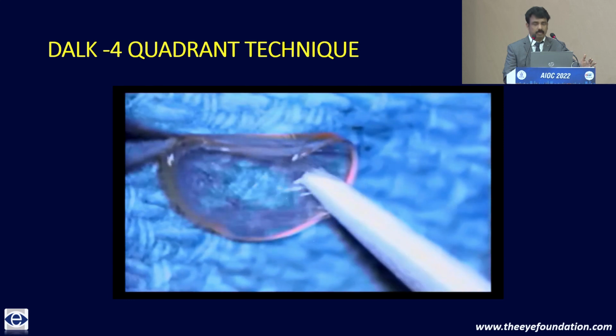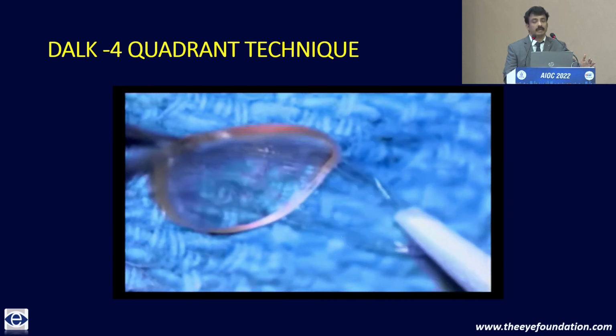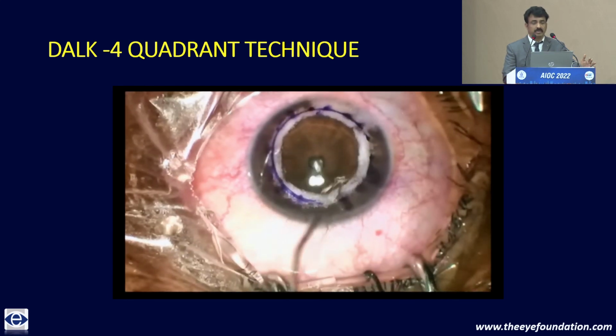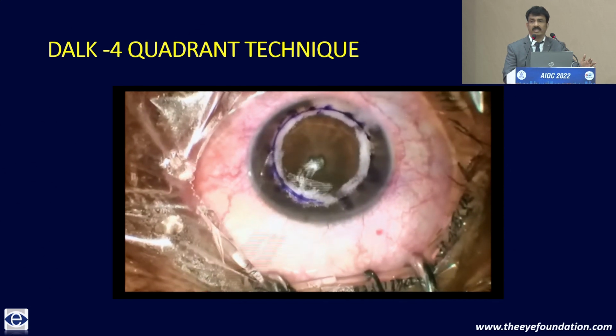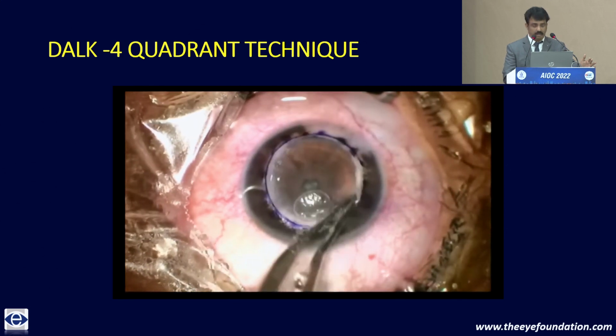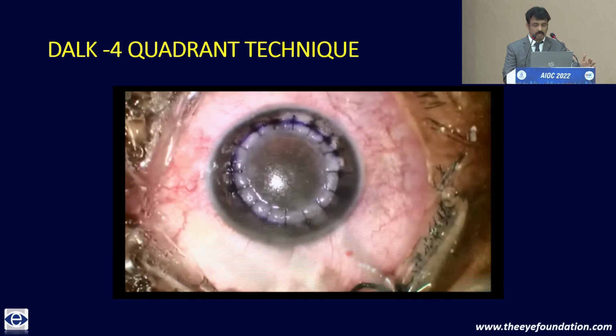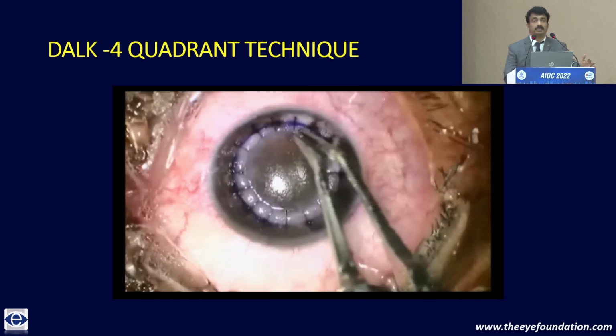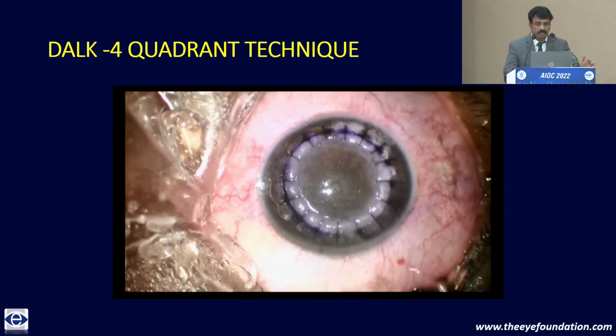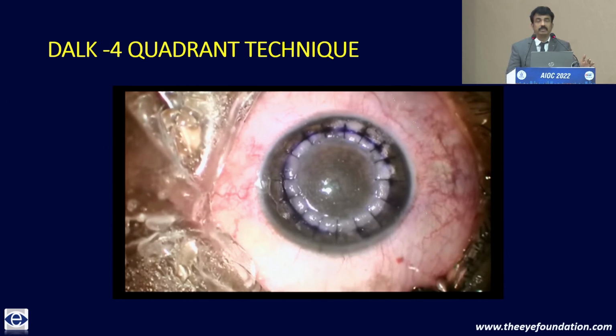Use a Weck-Cel sponge to peel off the endothelial layer, the Descemet's endothelial complex, then give a thorough wash, place the graft on the host bed and suture it. Usually I suture with 10-0 monofilament nylon, 16 sutures if the size of the graft is more than 8 millimeters, and less than that I use 12 sutures.